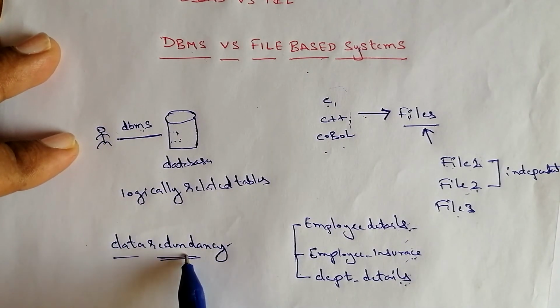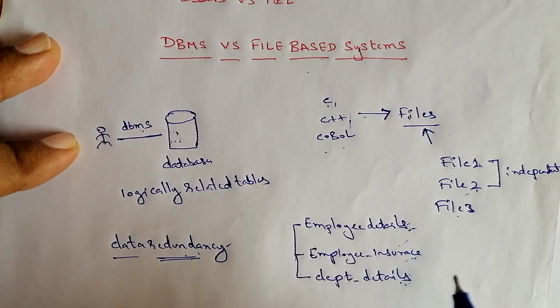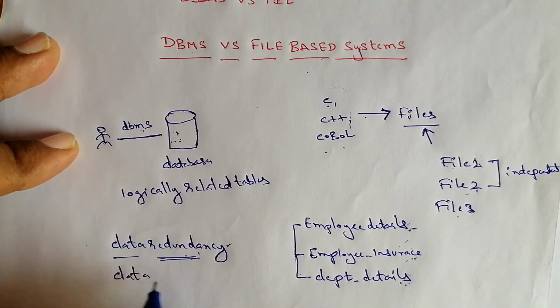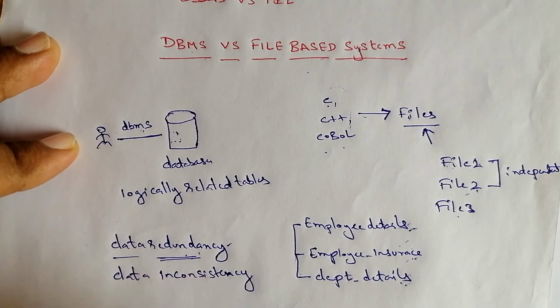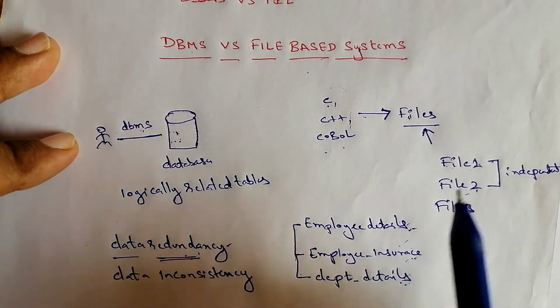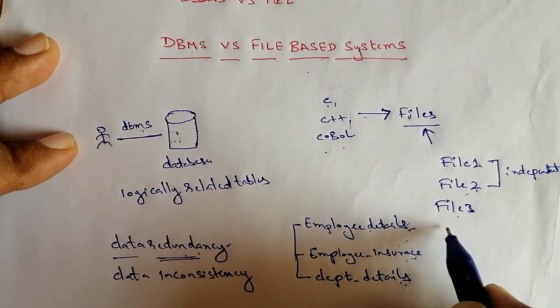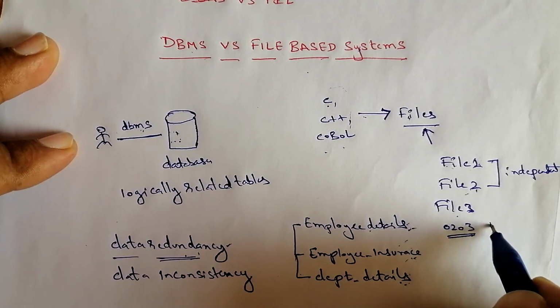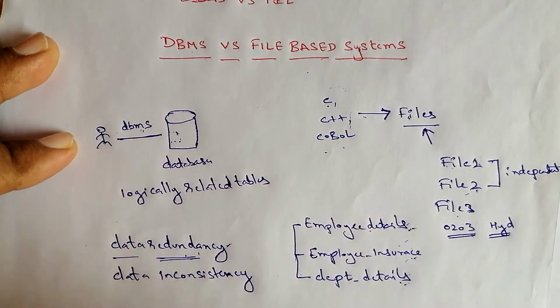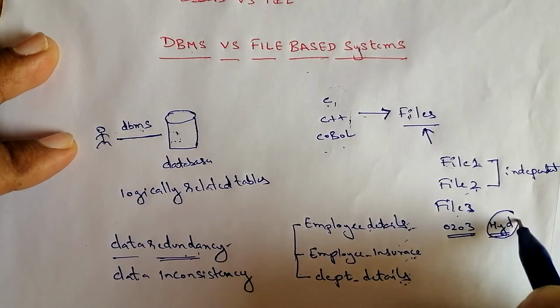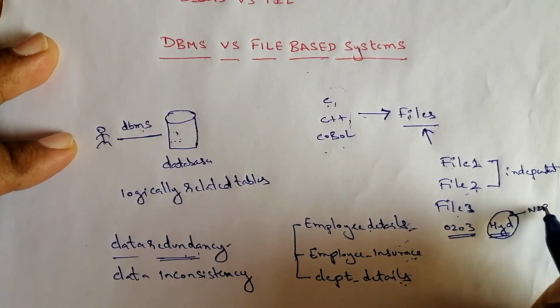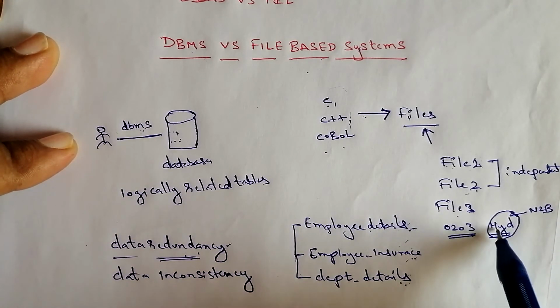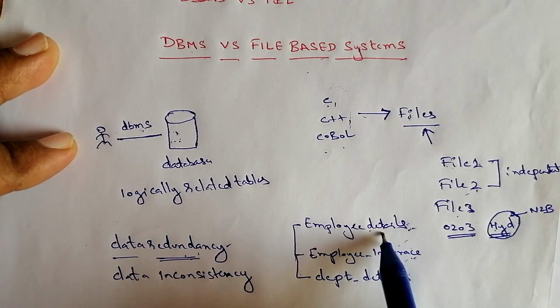This data redundancy also leads to another problem called the data inconsistency problem. So what is data inconsistency? Suppose in the employee details we have an employee with number 0203, and his address has been given as Hyderabad. Suppose we need to update this detail, changing Hyderabad to Nizamabad, so I have to update this in the employee details.